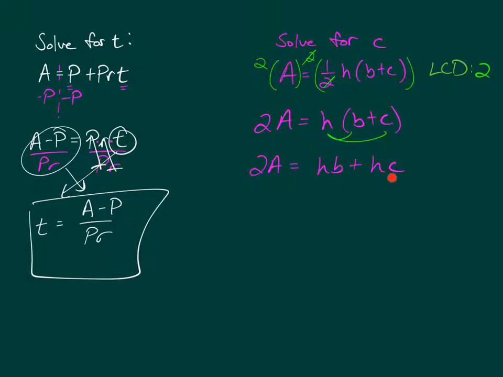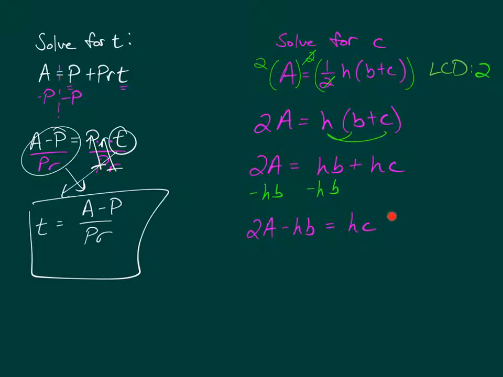We have all these different terms here. I want all of the terms with a c on this side and all the terms without a c on the other. So I'm going to subtract hb. And so on the left side now, I have 2a minus hb equals hc.